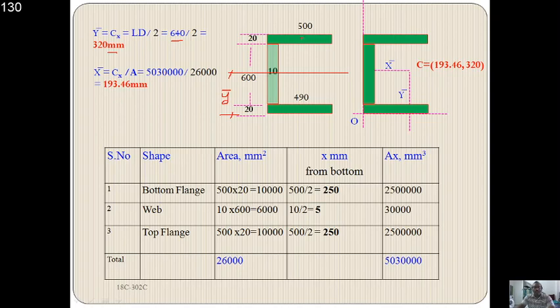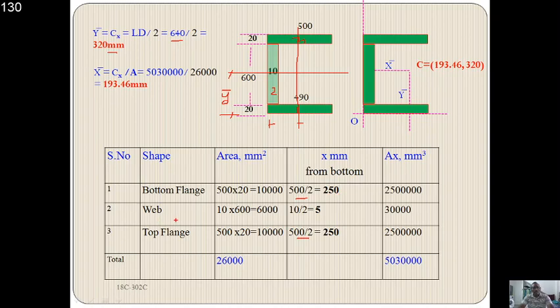For the x bar, it is required to calculate using the analytical method. Therefore, the parts have been taken: one, second part and third part. So there are three parts assumed: the bottom flange, web, top flange. The bottom flange and the top flange have the same x distances, 500 by 2, that is 250.